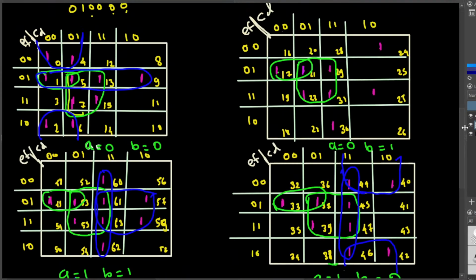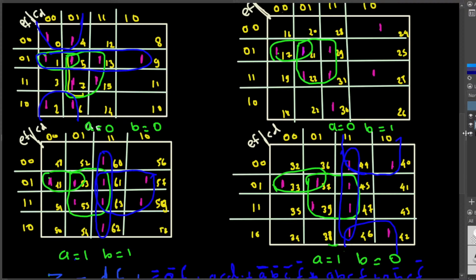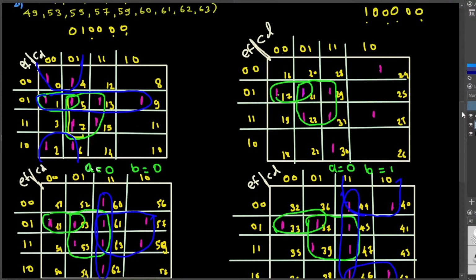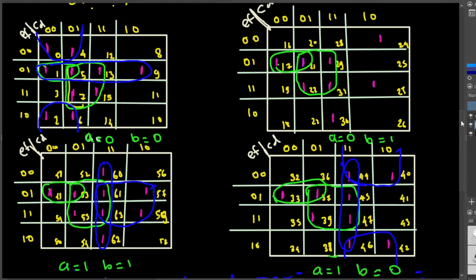Okay. What else do we have? We have this one. Can I make this one a 4? No way. Can I make this one a 4? No way. Okay, so I cannot make the one remaining a 4.